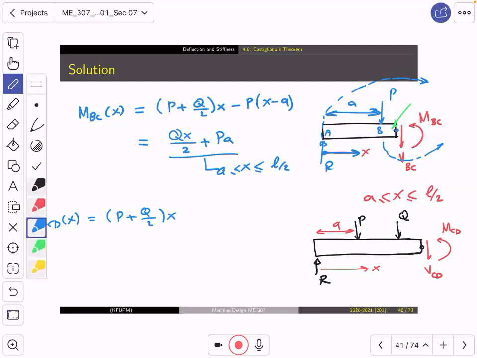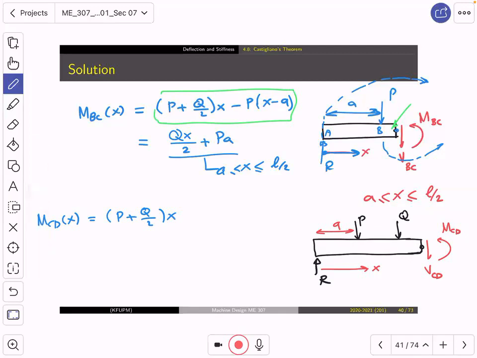You will see this part is going to come again. It makes sense, right? And then you will have minus P times X minus A, and then minus Q multiplied by X minus L over 2.